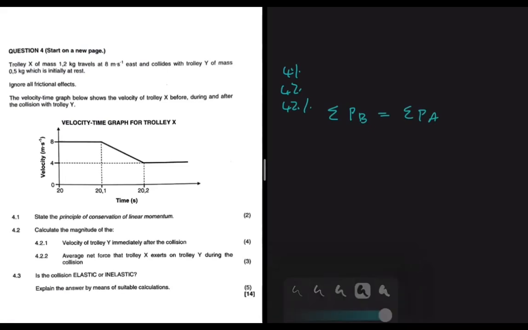So what is the momentum before a collision? We're going to have the momentum of trolley X plus the momentum of trolley Y, and then after the collision we're going to have the momentum of trolley X plus the momentum of trolley Y.